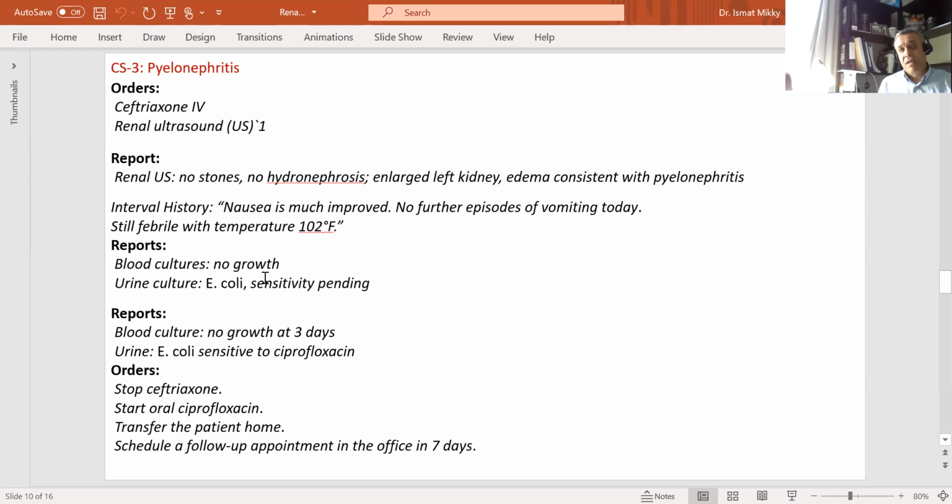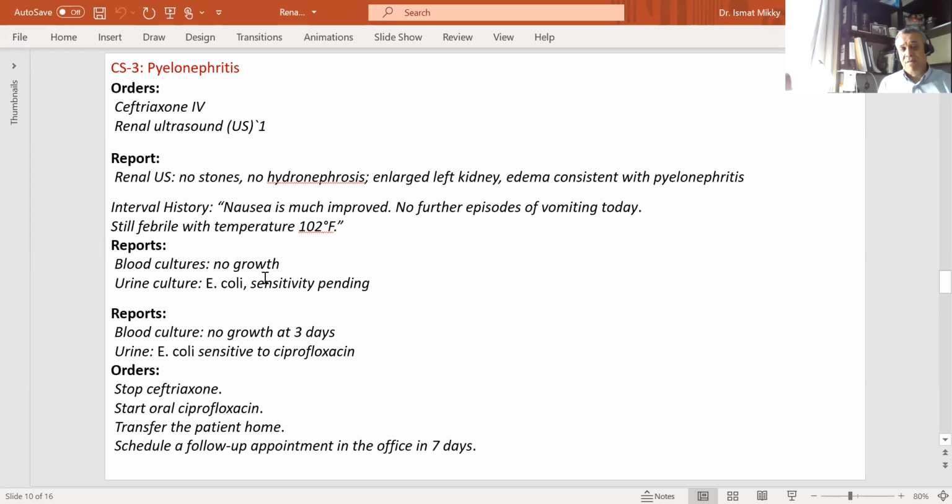First, you will have the isolated bacteria, the type of bacteria which has been isolated in the lab or in the specimen, and then you will get the report on the sensitivity for each bacteria, which is sensitive to what type of antibiotic, if it's sensitive or resistant.